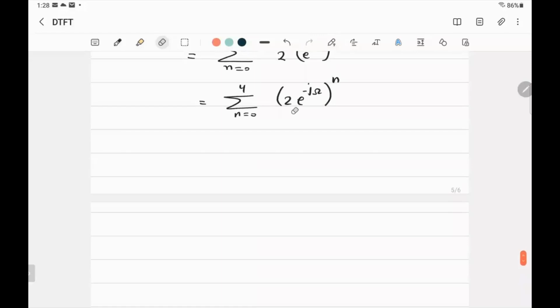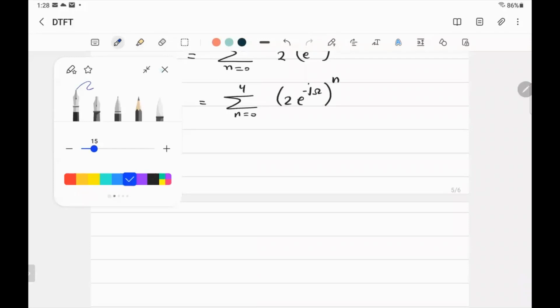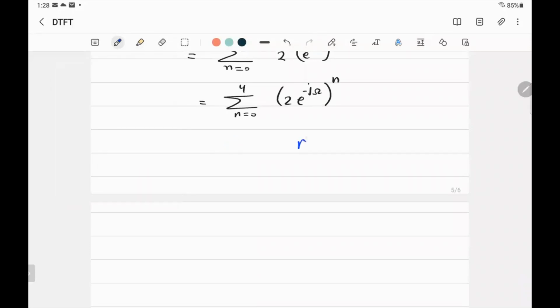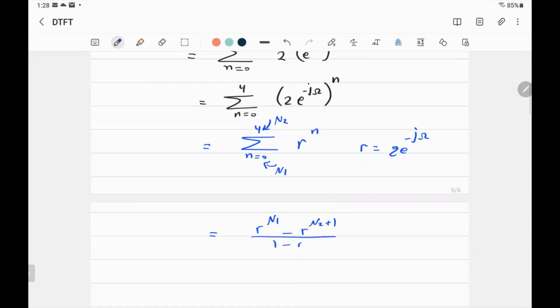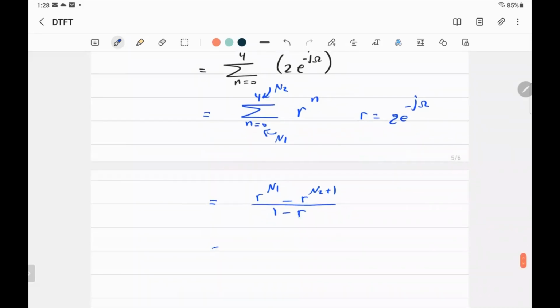So now this is your R inside the bracket. So you will say that's equal to the summation of R to the power of n, where R is equal to 2e to the minus j omega. Now, the formula that I gave you before would be very useful. That will be your N1, that will be your N2. So you will have R^N1 minus R^(N2 plus 1) over 1 minus R. Now I just substitute.